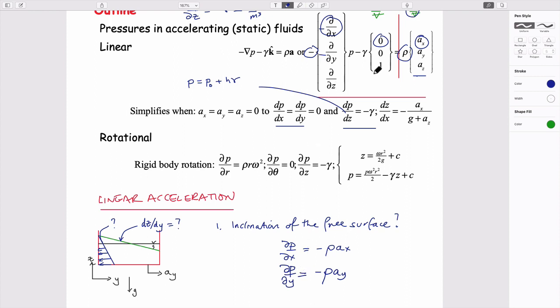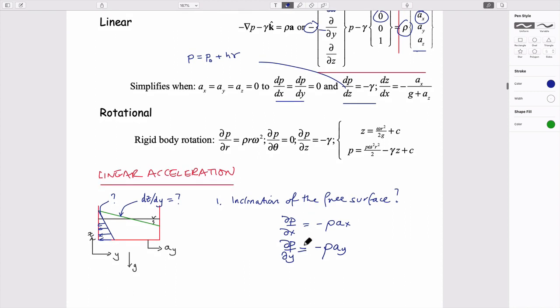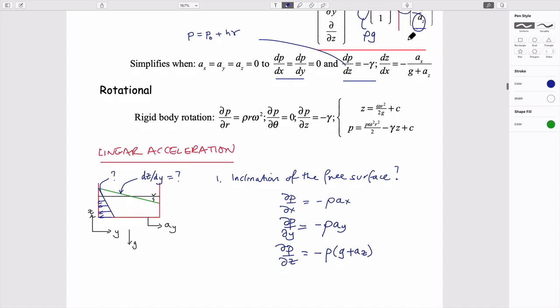And if you look at the one that we've used so far, the change in pressure with elevation in the z direction is equal to minus rho g, and then the acceleration in the z direction. So this is just this term here, right? So those are the three expressions that we get.